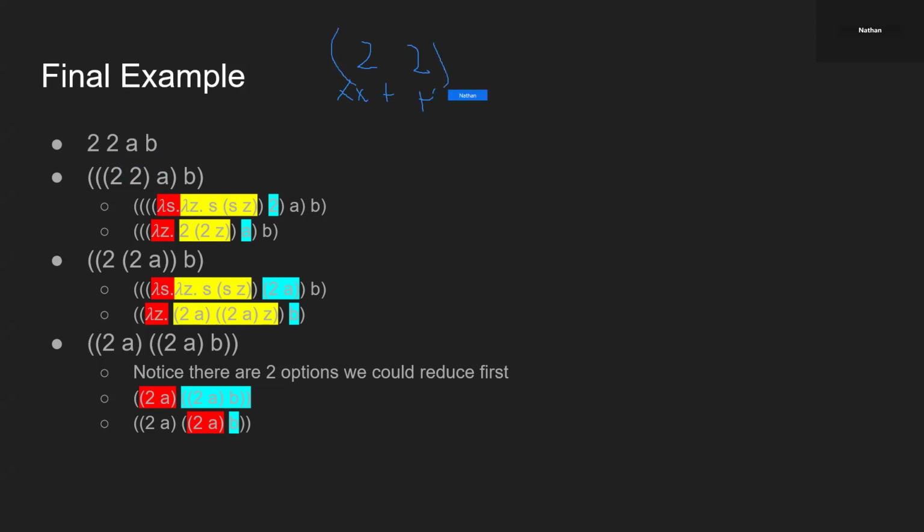So you can't start with this 2, because it's kind of stuck with this 2 right here. So we have to start with this one. This is our redex right here. We start there, and I conveniently replace the 2 with the lambda expression associated with it. This right here is basically what 2 represents.